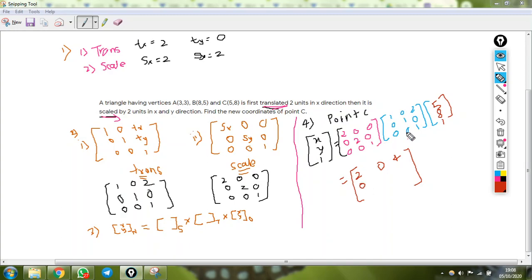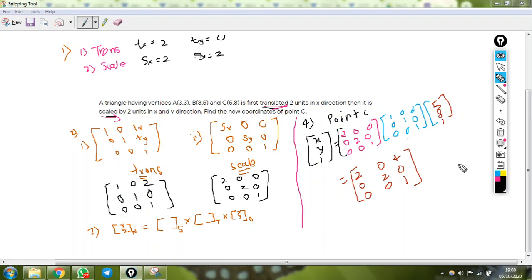Second row, second column, answer is 2. Second row, third column, answer is 0. Then the third row, first column, answer is 0. Third row, second column, answer is 0. Third row, third column, the answer is 1. So this is the matrix that we have got after the multiplication.